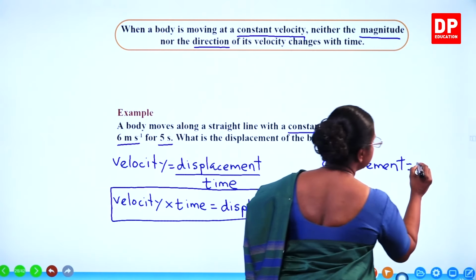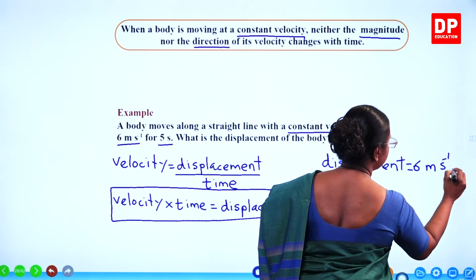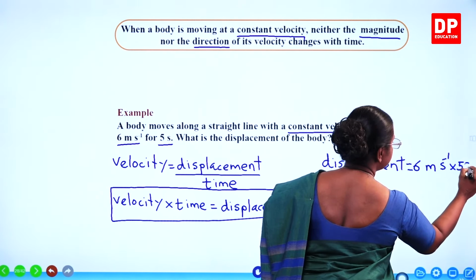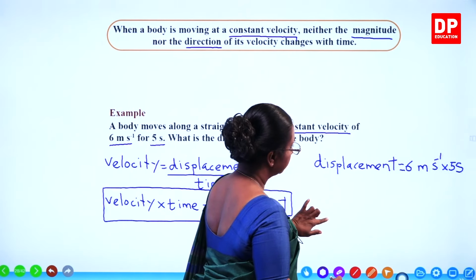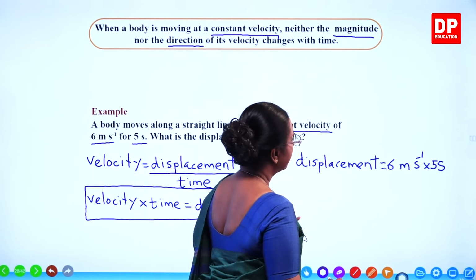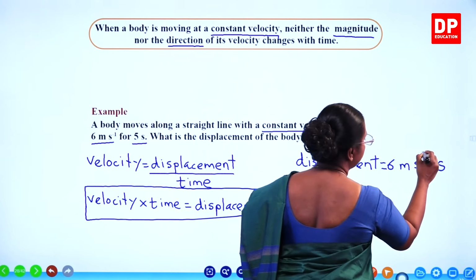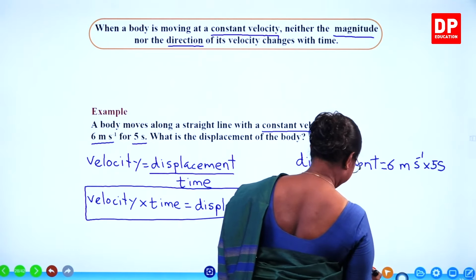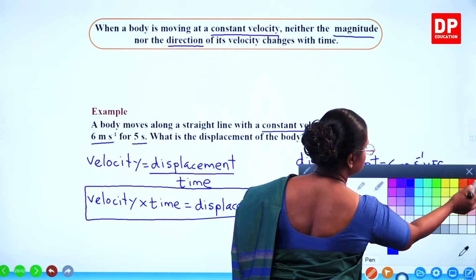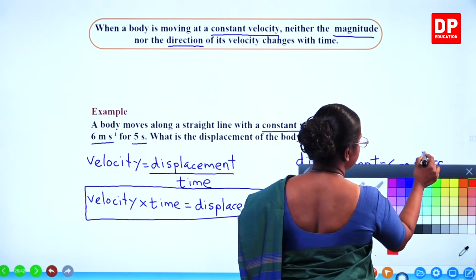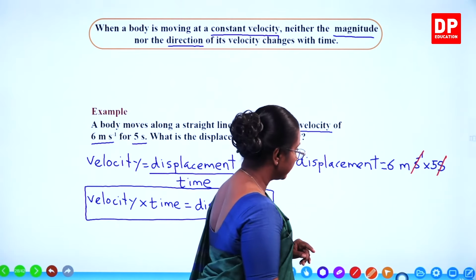So here 6 meters per second into 5 seconds. You can see in this there is a second minus 1, and a second, which will get cancelled off.